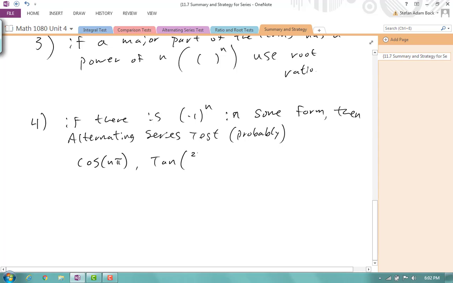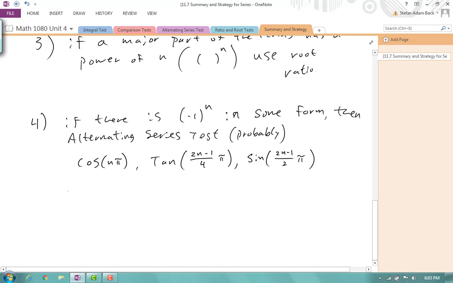So it looks like odd multiples of pi over 4, odd multiples of pi over 2 for sine, and maybe some others I won't really know until I look at it and try to evaluate it.